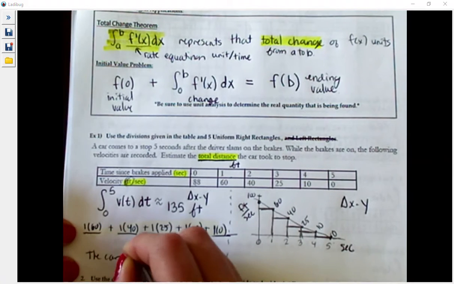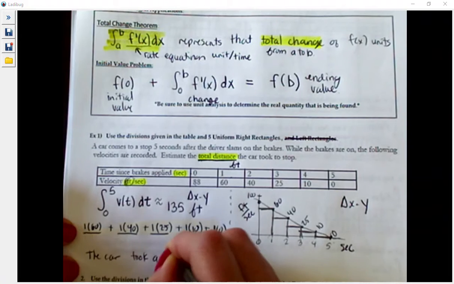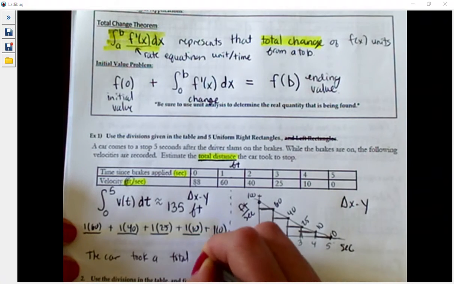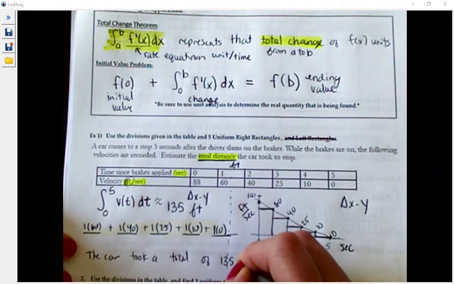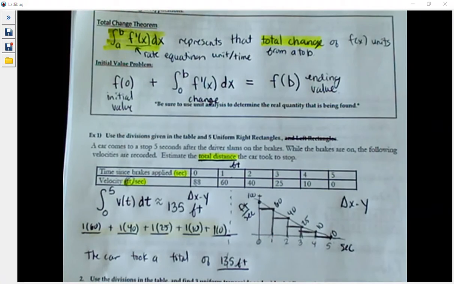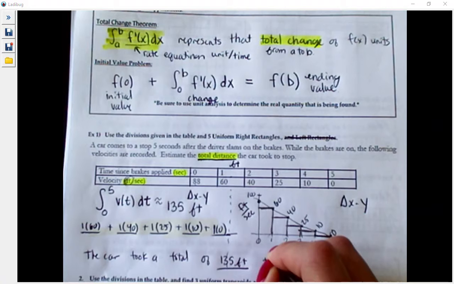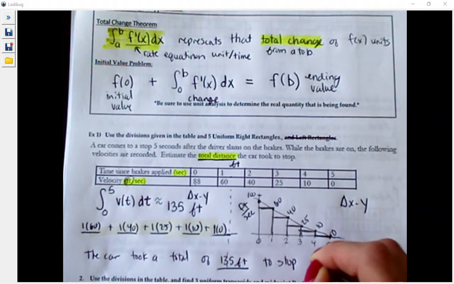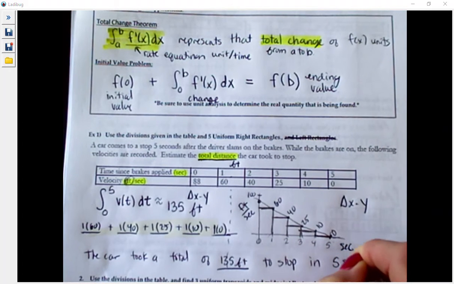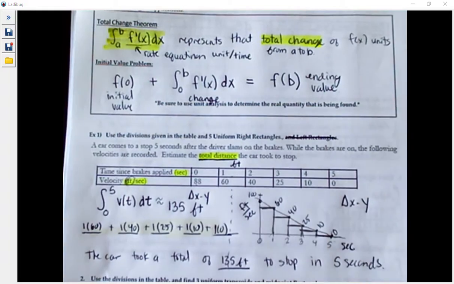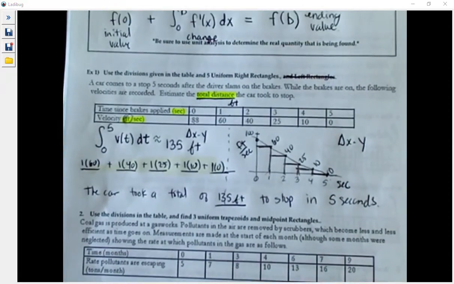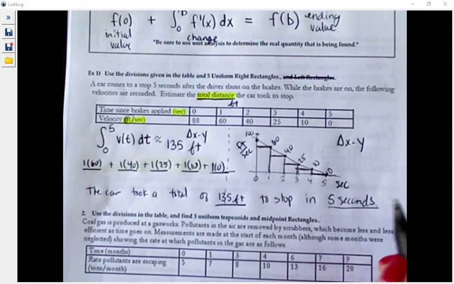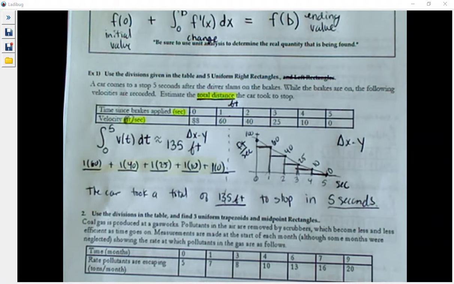The car took a total of 135 feet to stop in 5 seconds. You should be including both something about the y number and the x numbers. I only looked from 0 to 5 seconds.